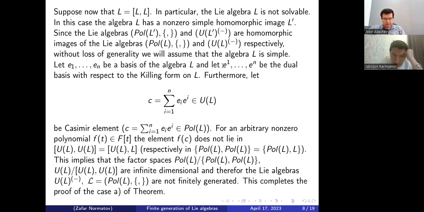If you change the basis, you take another Casimir element, but it doesn't matter for obtaining this result: f of c doesn't lie in the bracket. I suppose if you change the basis, you will also change the dual basis. Yeah, but the Casimir element will be the same. Why?